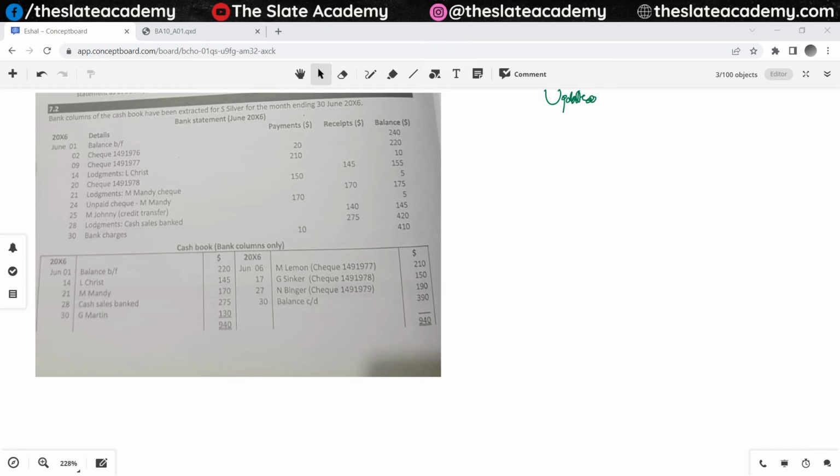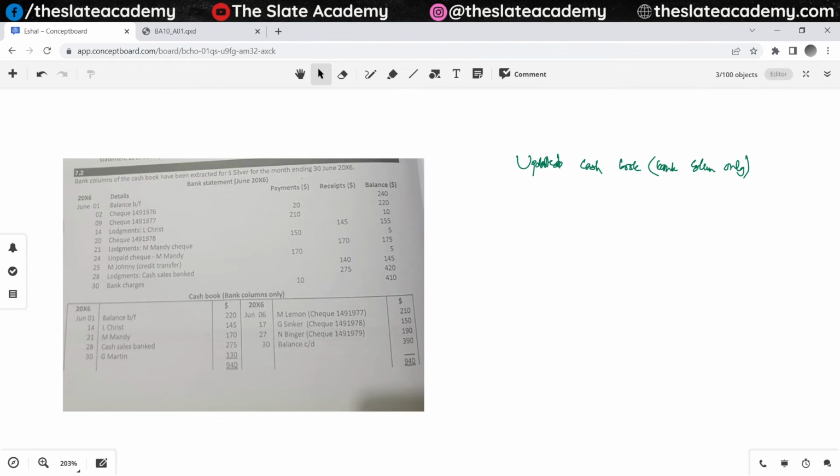So I write updated cash book and I'll write bank column only. I'm just drawing the format, otherwise I'll follow the pattern which we discussed, that we'll go step by step on that.